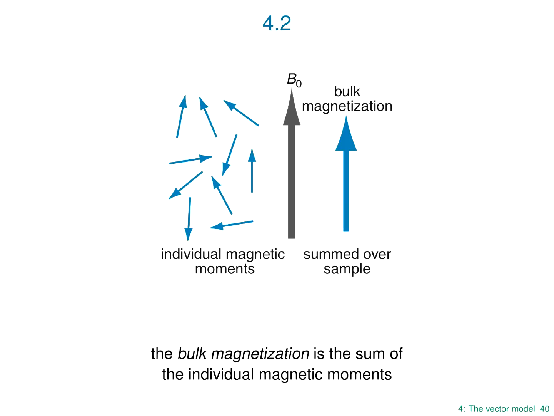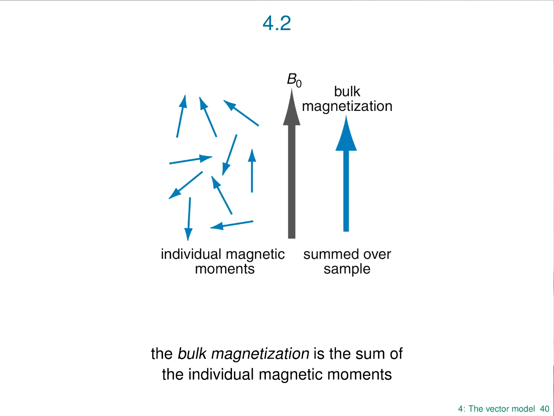But it's not true that they have to be up or down. They can be anywhere in between. And you really must let go of this idea that they have to be up or down, otherwise none of the rest of this makes any sense at all. So the picture you have to have in your mind is there are all these spins in the sample, and every one has a little magnetic moment, and these magnetic moments are pointing all over the place.